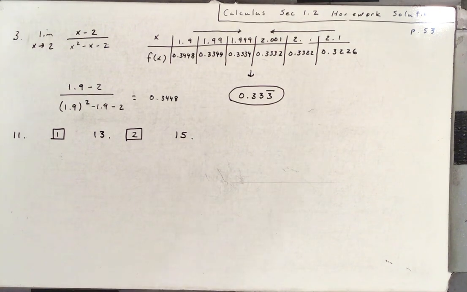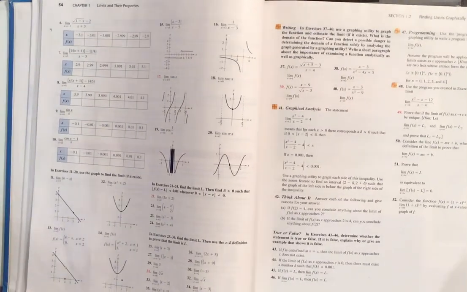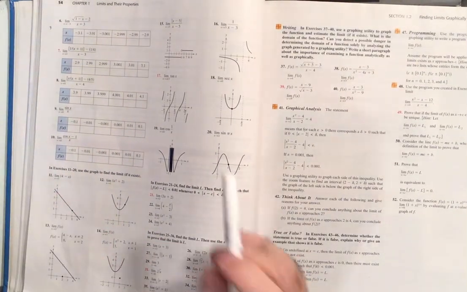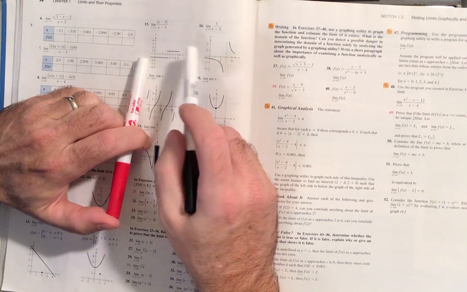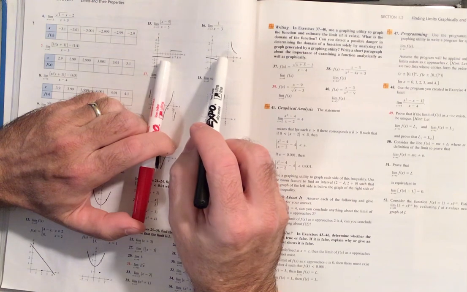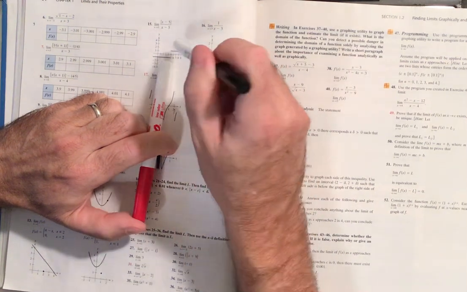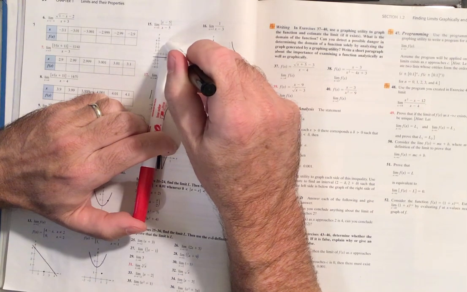All right, 15. As we come from the left, as x approaches 5, we're getting to 5. The y value is -1. From the right, when we get to 5, the y value is 1.